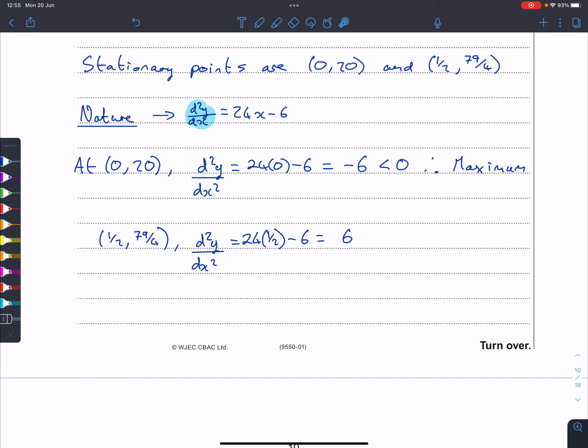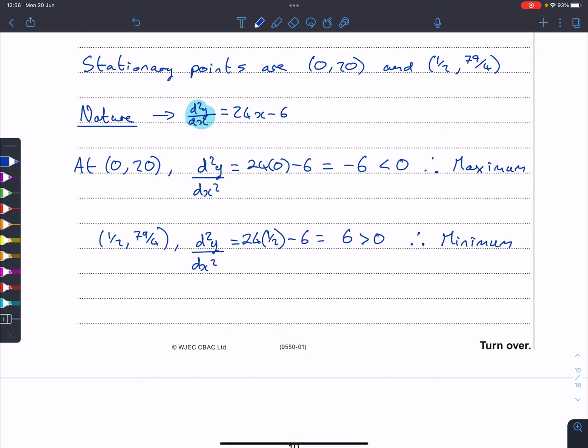So as it moves on, the gradient is going to become more and more positive. Imagine it starts off negative, it becomes more and more positive, which means less and less negative until it becomes 0, and then more and more positive again. So this ends up with a minimum. And that always happens if the second derivative is greater than 0. If it's positive, that means we have a minimum.